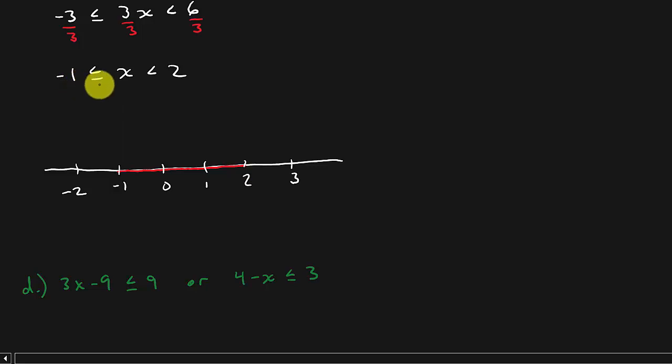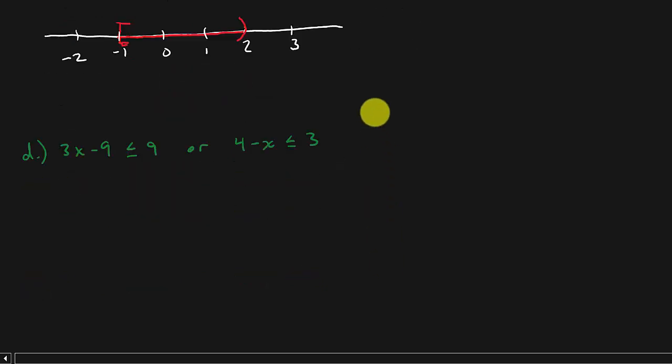Is the -1 included? Yes, because it has the line underneath. So that's going to be a bracket. Is the 2 included? No. So that's going to have a parenthesis. So there's your graph. And then your interval notation is going to be what? -1 to 2. And the -1 will have a bracket on it because it's included. The 2 will have a parenthesis because it's not included. Okay.